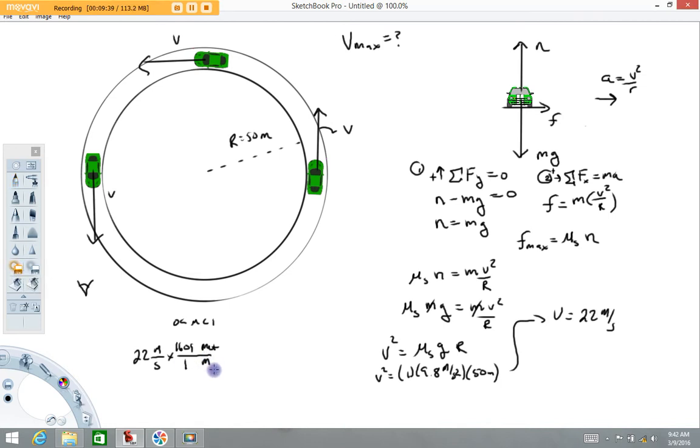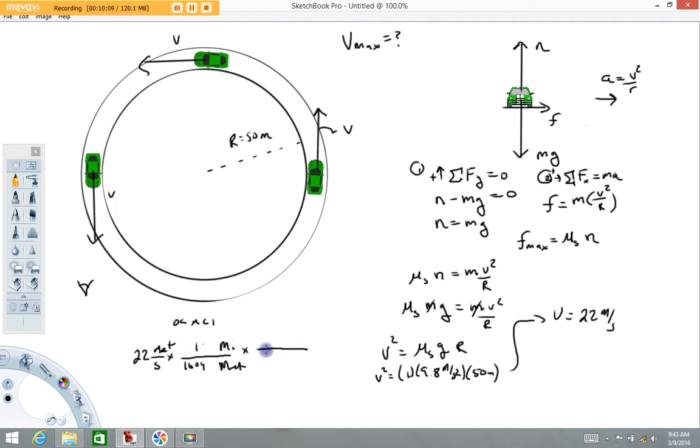When you're dealing with meters and miles, you have to make sure to distinguish them. Our conversion factor needs to have meters on the bottom so that they cancel, miles up top, and there's 1,609 meters in 1 mile.